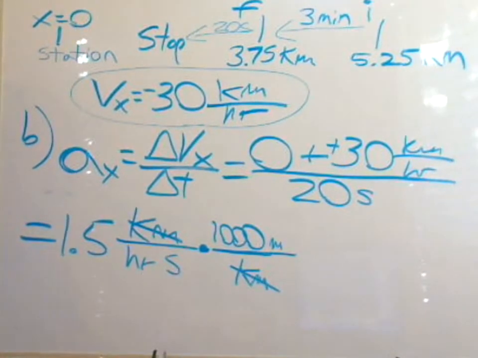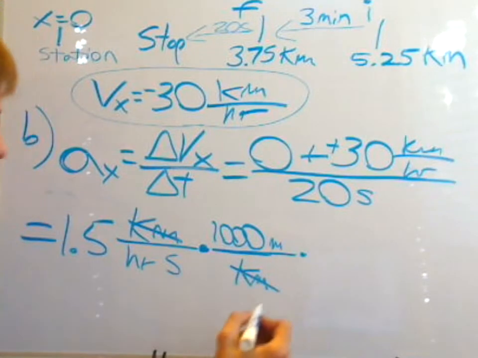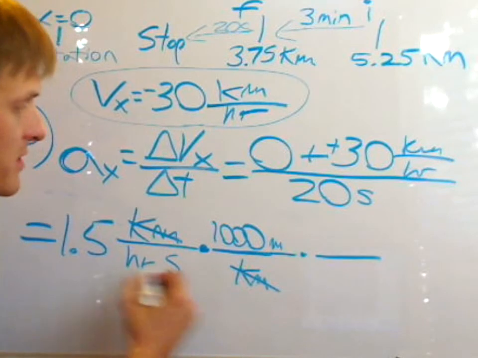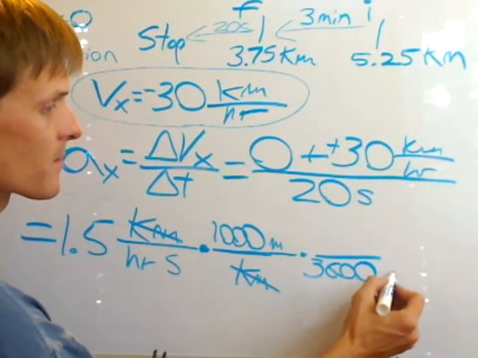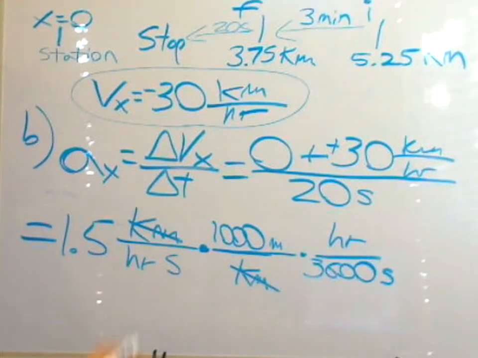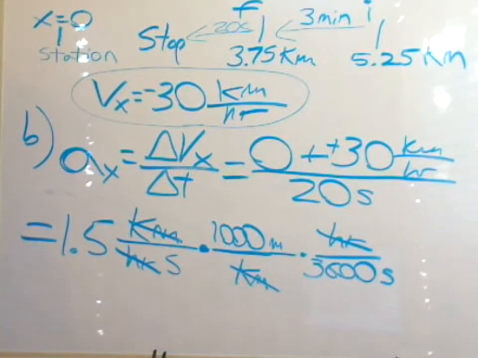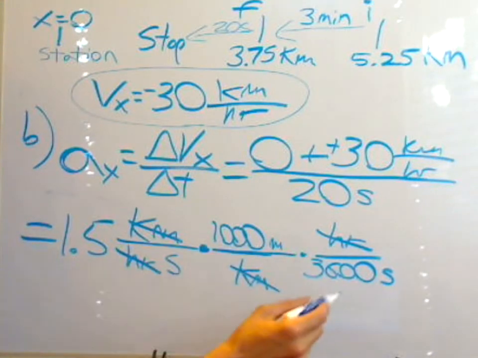And there are 3,600 seconds in an hour. So we divide by 3,600 seconds in an hour, and the hours cancel out. We'll be left with meters per second squared.